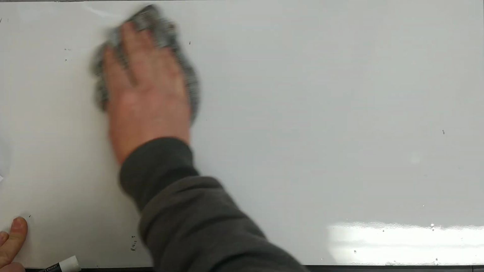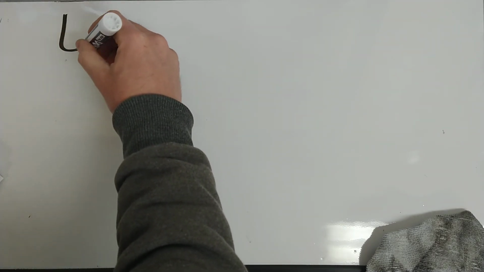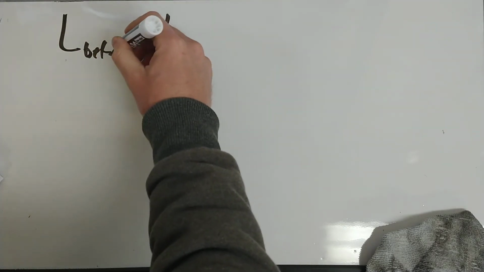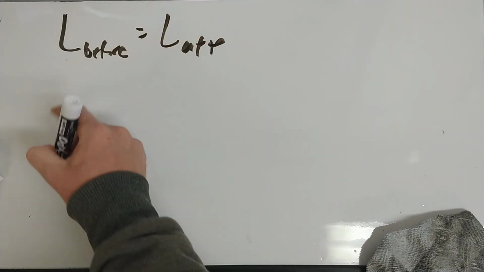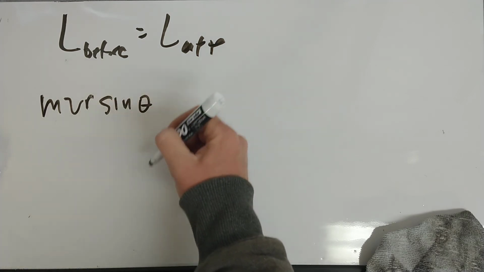So this is what I want you to do, right? You still have to do L before equals L after, right? So the ball coming in has all the initial m v r sine theta.